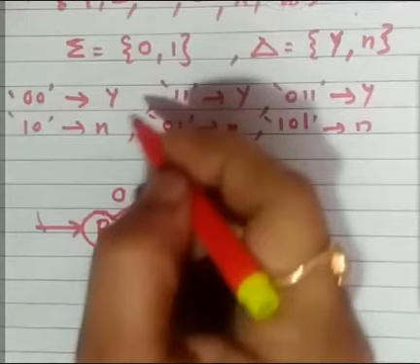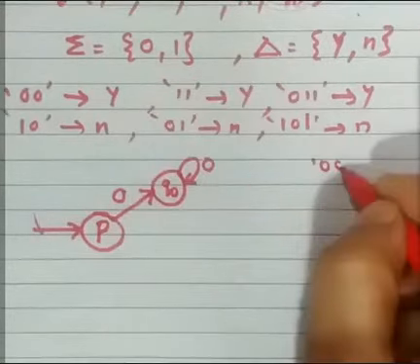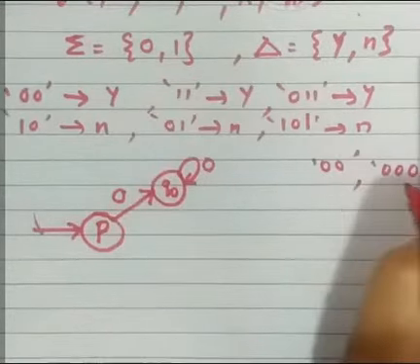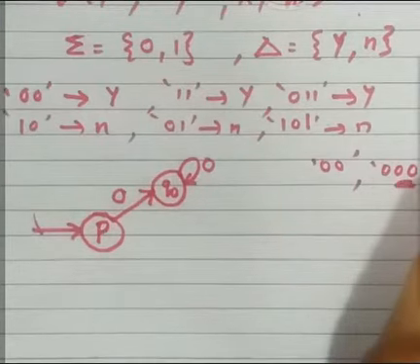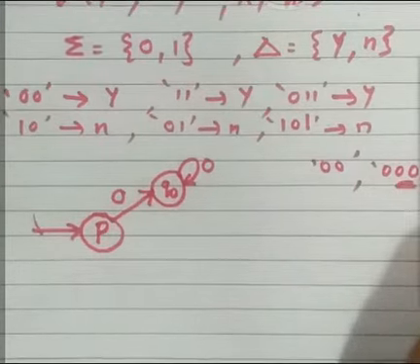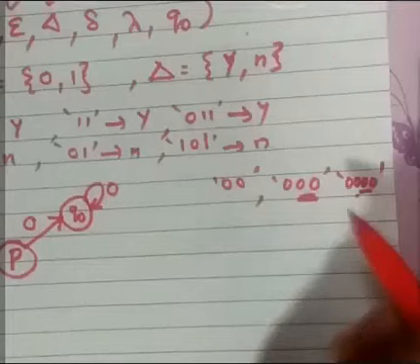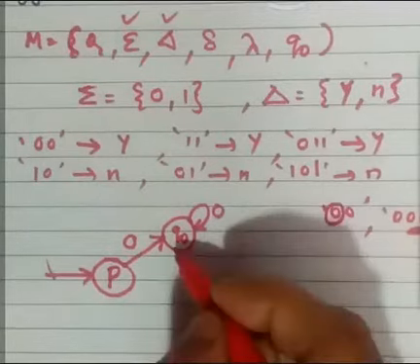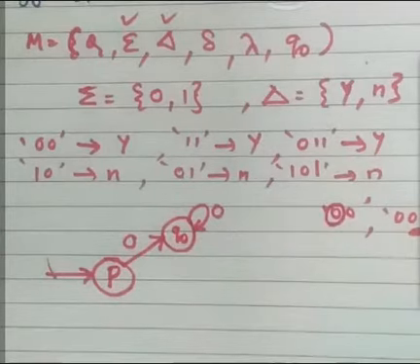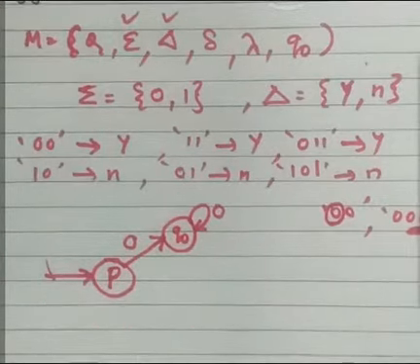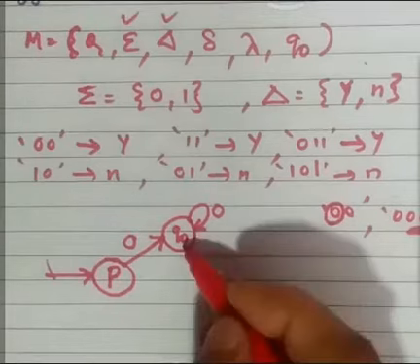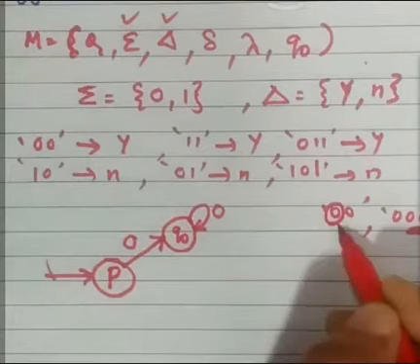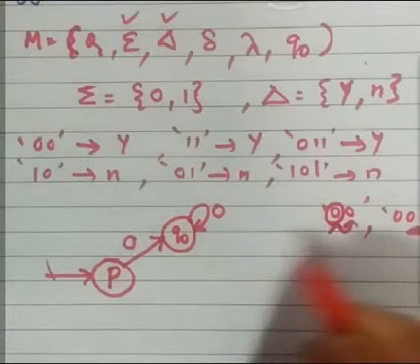For example, 00 is acceptable, 000 is acceptable, ending with 00. So the first 0 is necessary. The next 0 can be taken care of by this self loop. So remember this designing technique. The first 0 moves you to this state, and since these two are the same, you can have your self loop, right?